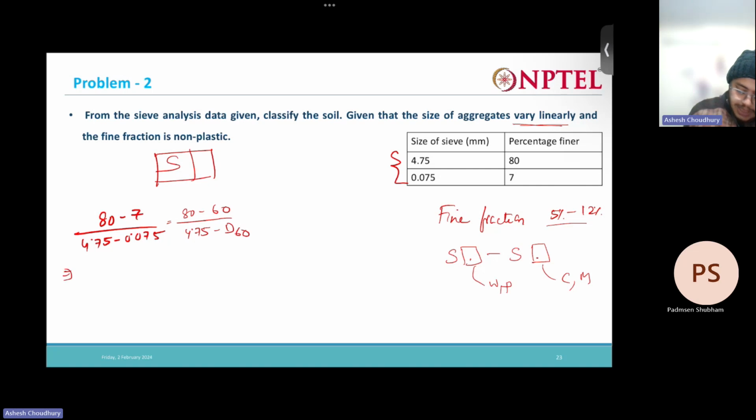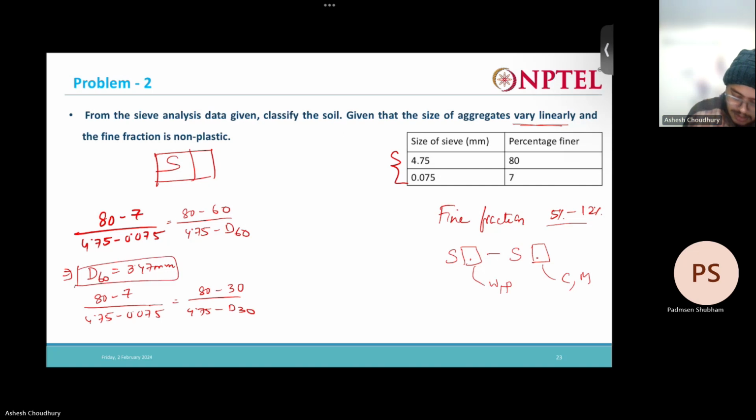D60. If we do this interpolation, you will get D60 as 3.47. Similarly, you need to find D30. From here, you will get D30 as 1.548 mm. Now for D10, we need to find D10 also, right?